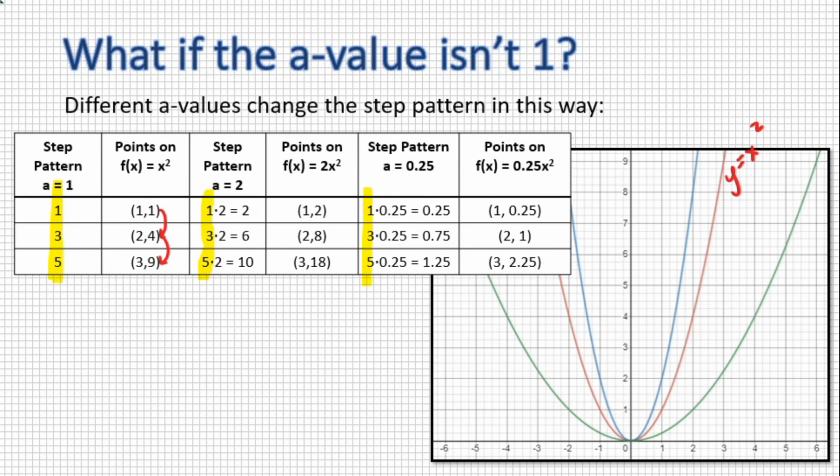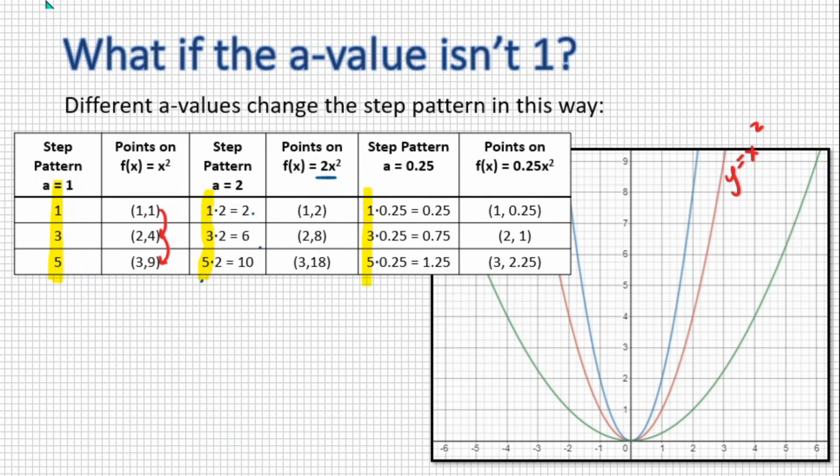All right, so let's go to our second one, where the step pattern, if a equals 2, it creates this graph. If that's all you're changing, the parent graph, doubling it. So what happens? You take your 1, 3, 5, sorry, and you multiply by the new a value. So 1 times 2 is 2, and 3 times 2 is 6, and 5 times 2 is 10.